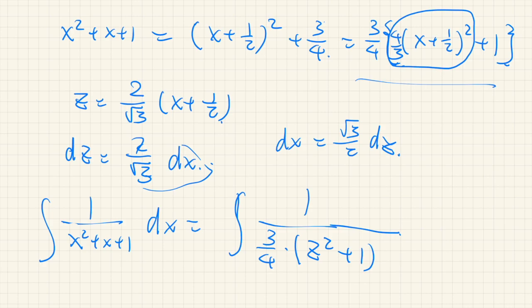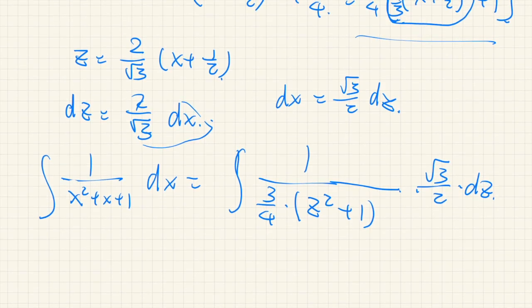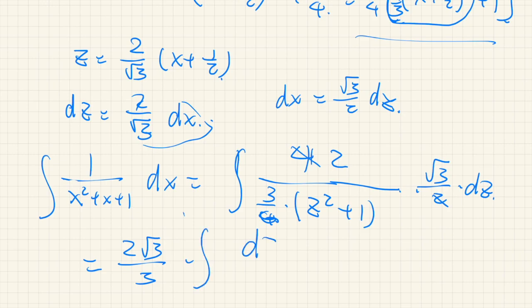So we have square root of 3 over 2 dz here. Okay, so we have this 4 here, and this cancels. So we have 2 square root of 3 over 3, and this integral.